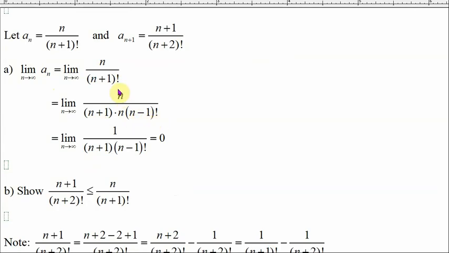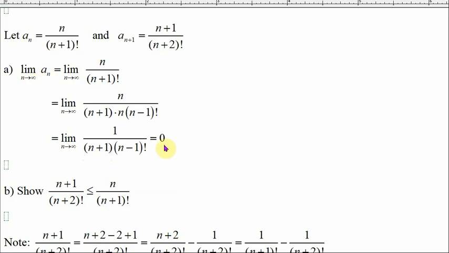And then we can see the factors n here will cancel each other out. So what's left is just 1 over (n plus 1) times (n minus 1) factorial, which we can see at the bottom will approach infinity as n approaches infinity. So we'll get 0.